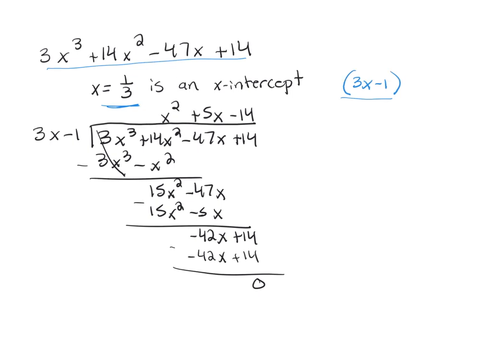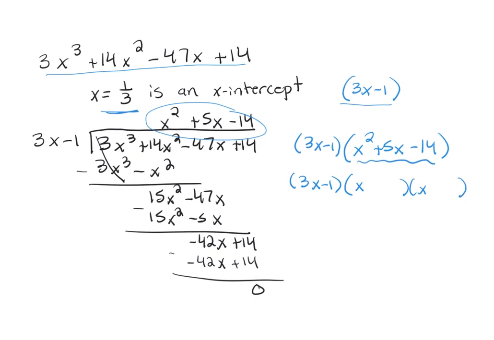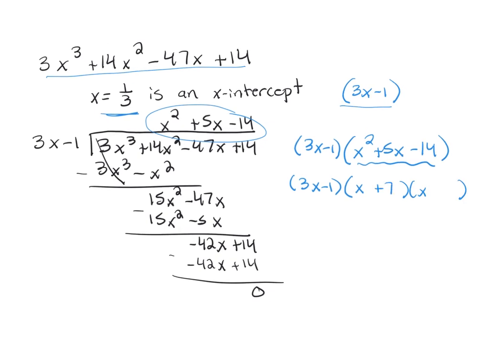So now what I have is this factor 3x minus 1 times this x squared plus 5x minus 14, and now can we continue to factor? So 3x minus 1, and then x, and that would be plus 7 minus 2.